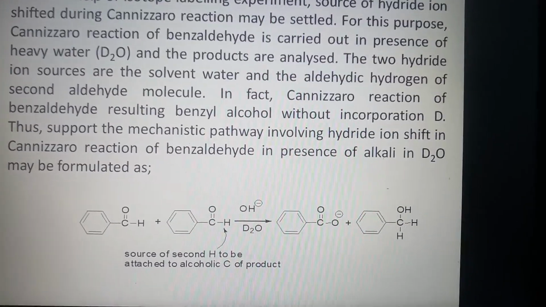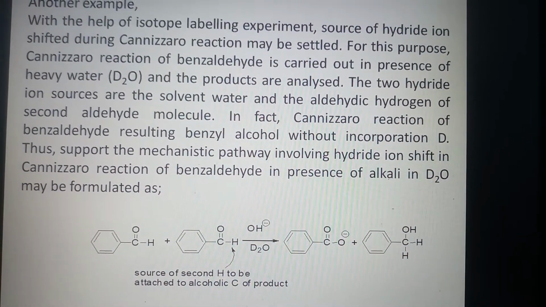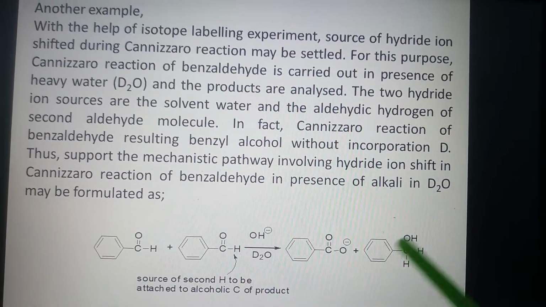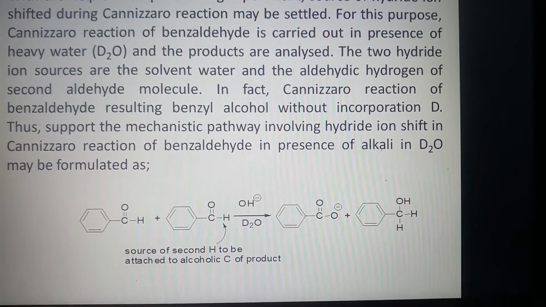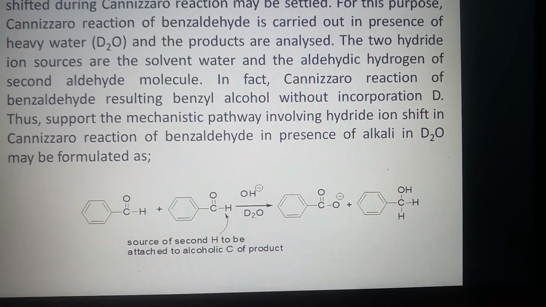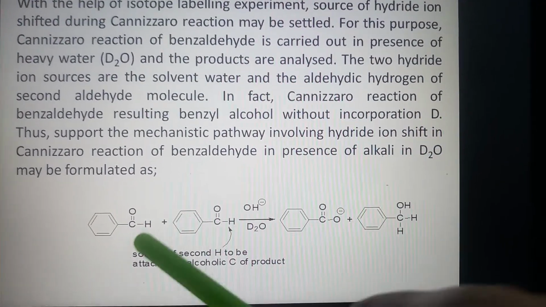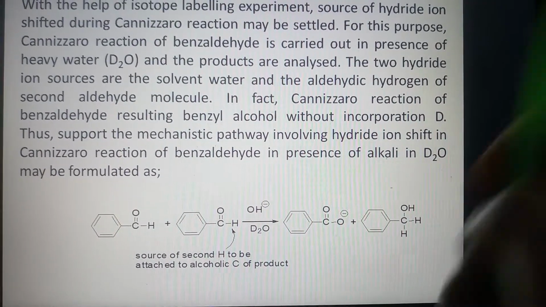In fact, the Cannizzaro reaction of benzaldehyde resulting in benzyl alcohol without incorporation of D supports the mechanistic pathway involving hydride ion shift in the Cannizzaro reaction of benzaldehyde in the presence of alkali in D2O. It may be formulated this way.